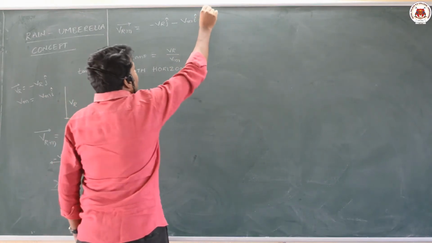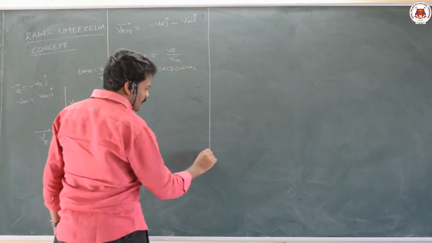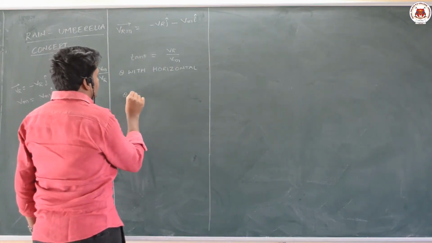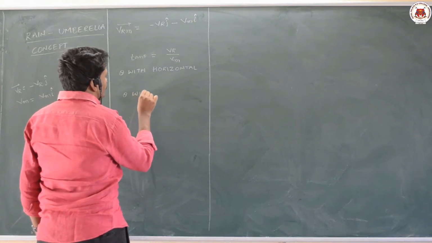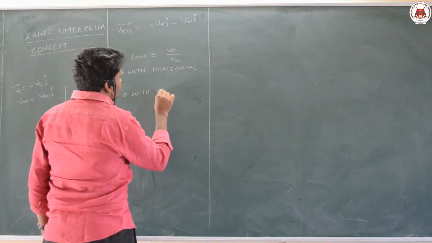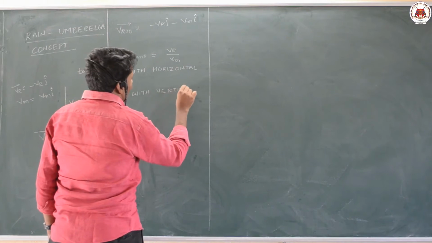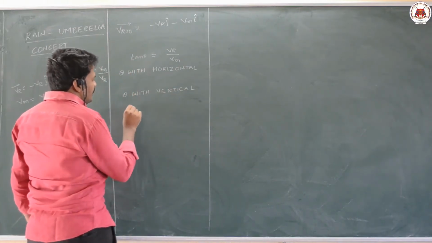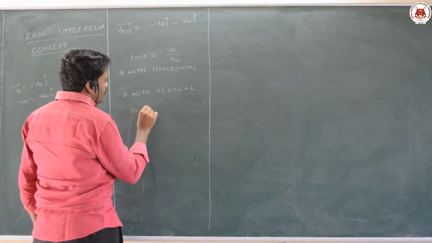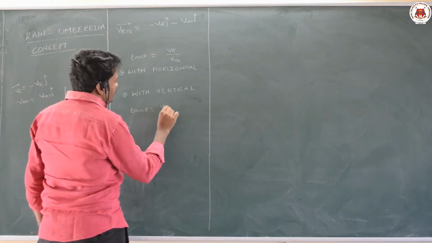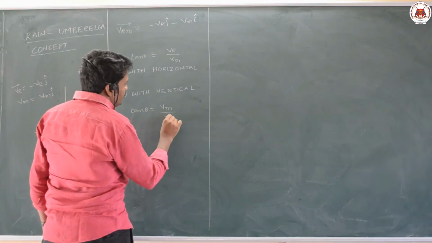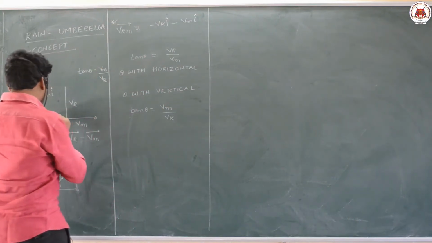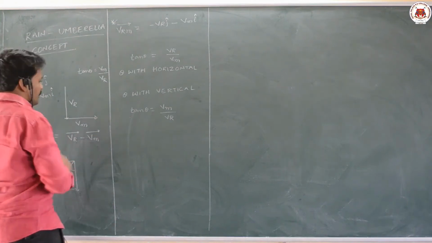When you take theta with the vertical, you will get tan theta is equal to Vm by Vr. So, either by this method or by this method you can solve the problems.